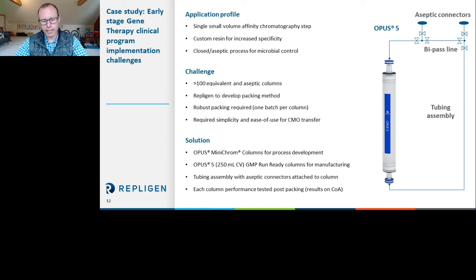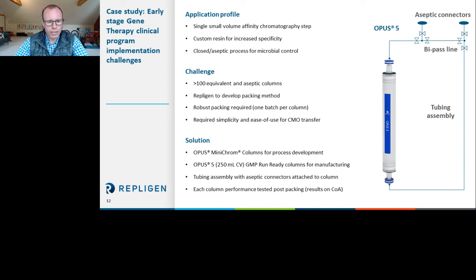Sometimes we see, depending on the application in gene therapy, a capture and then one polishing step, but this one just uses a single capture step. Binding capacity is relatively low, but they did employ a custom resin for increased specificity for their target molecule, and came to us with the request for a closed or aseptic process for microbial control.